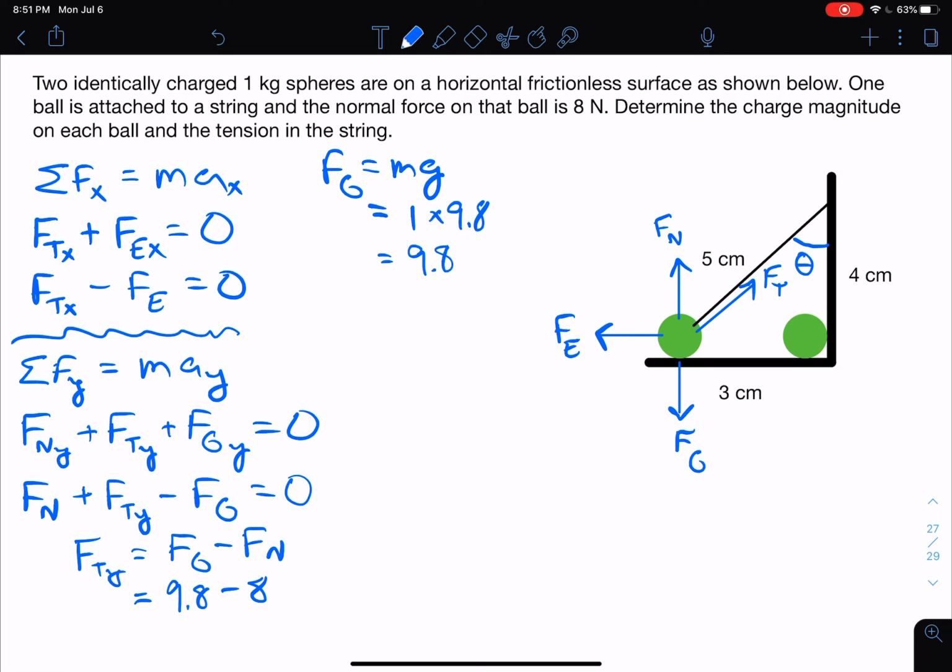So that means, if I want, let's do the cosine of theta. Cosine is adjacent over the hypotenuse.